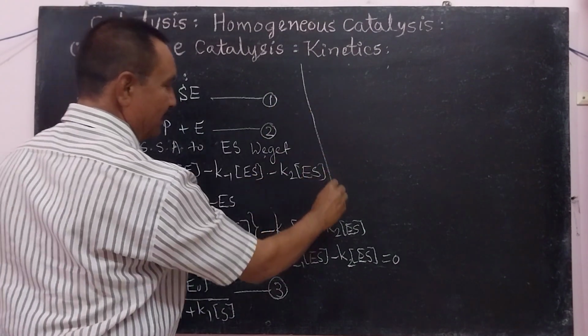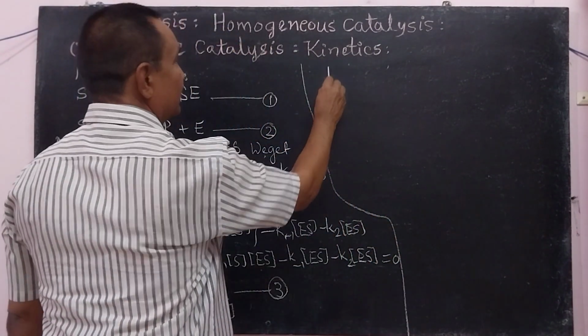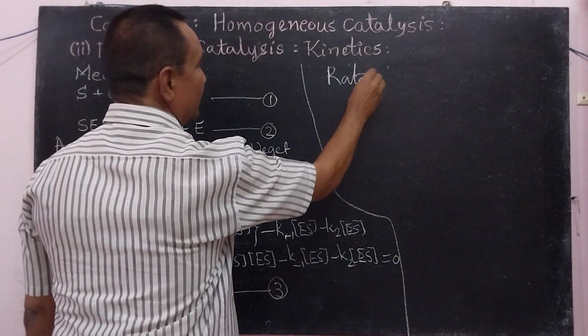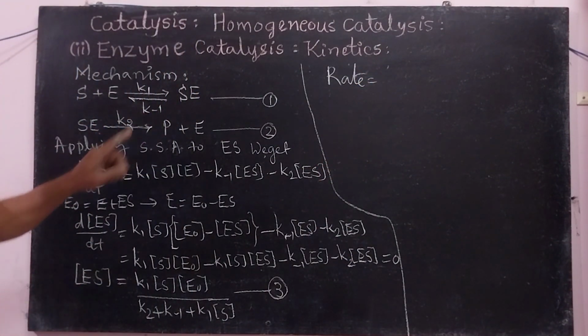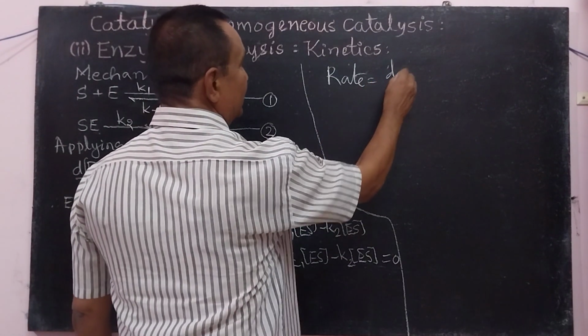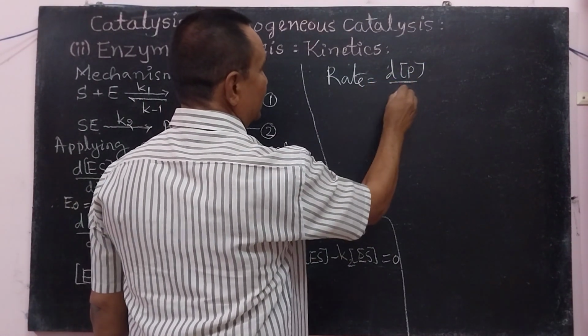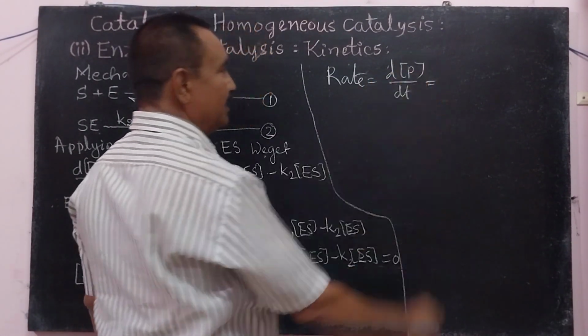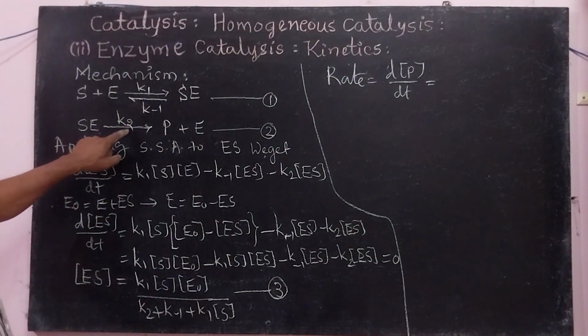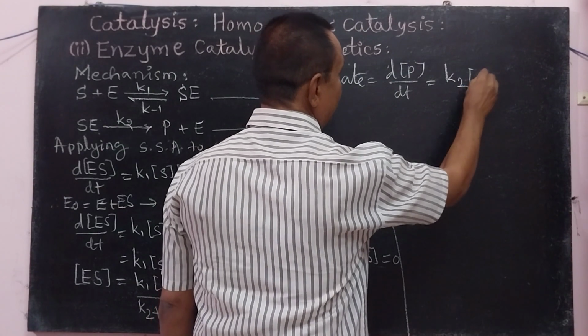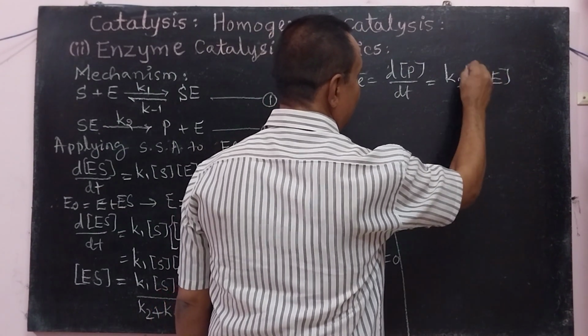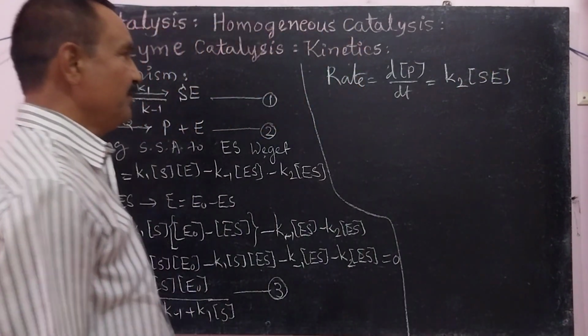Then the rate of the reaction. We may write the rate of the reaction is equal to what? The rate of formation of the product, that is d[product]/dt. This is equal to K2 into concentration of ES, the concentration of intermediate complex formed.